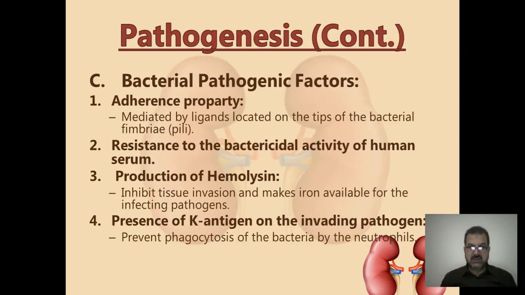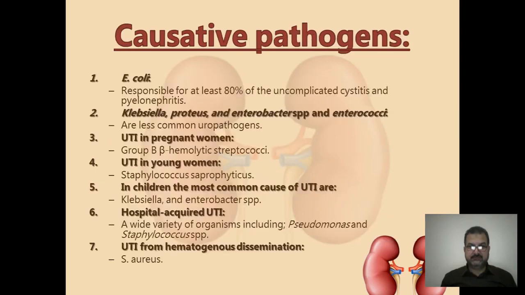Hemolysin, which inhibits tissue invasion, and the production of iron, which makes iron available for the infecting pathogens. K antigen also prevents phagocytosis of the bacteria.